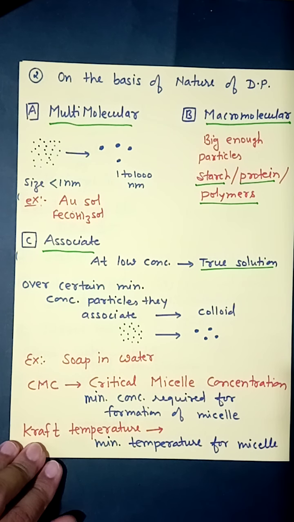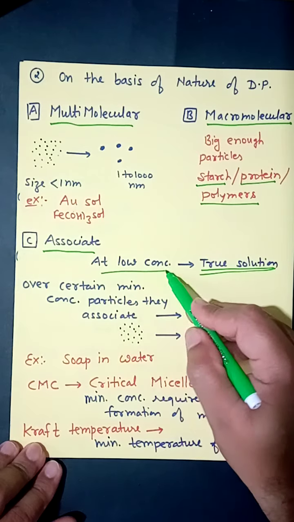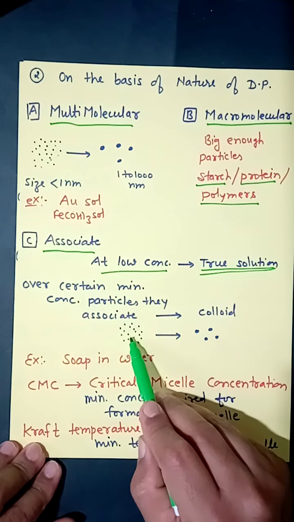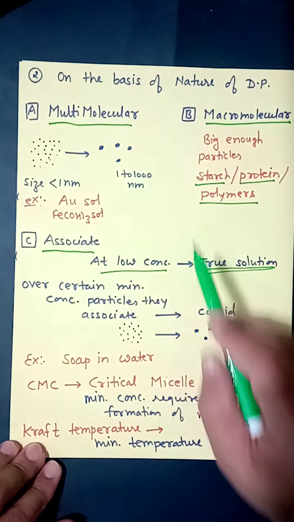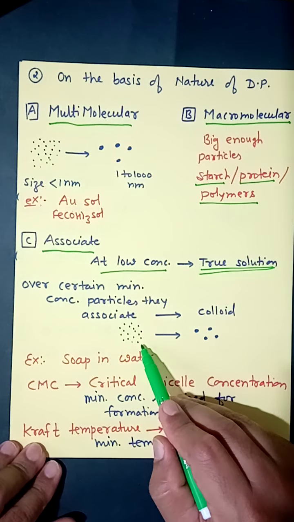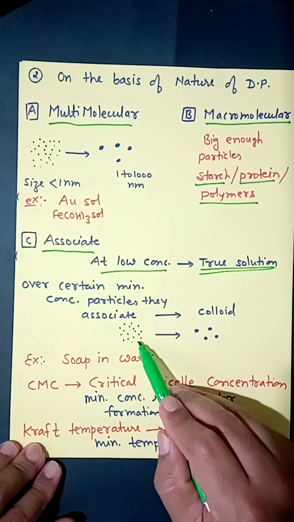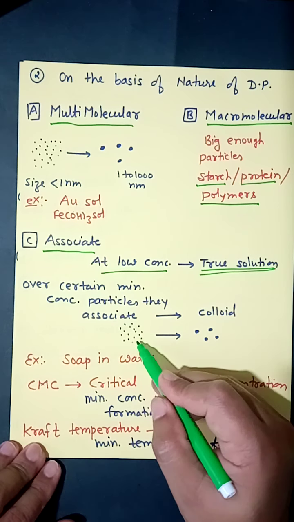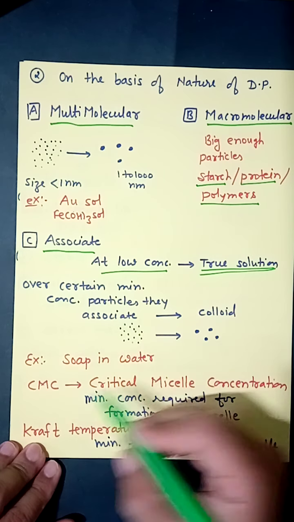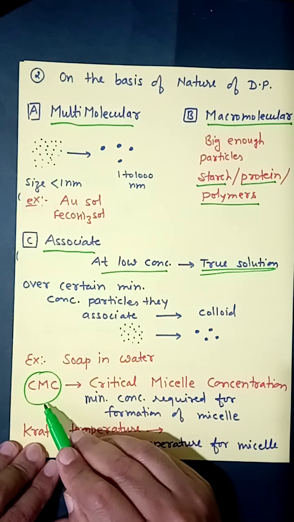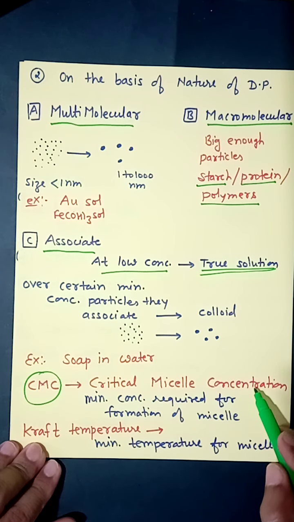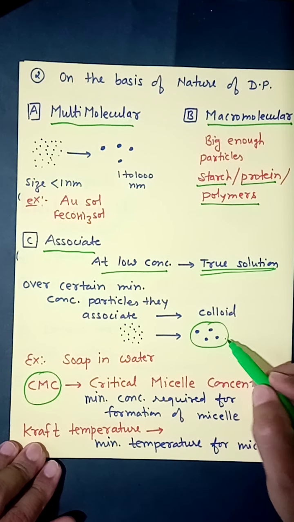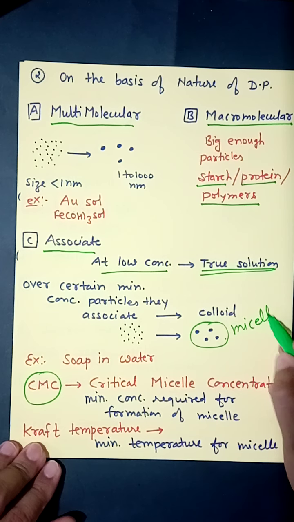It means association is not possible at low concentration, but over a certain minimum concentration particles associate, just like here they associated, here also they associate, but this association is possible only over a certain minimum concentration. This certain minimum concentration required for association is known as CMC, critical micelle concentration. Here the bigger particles which are formed after association are known as micelles.